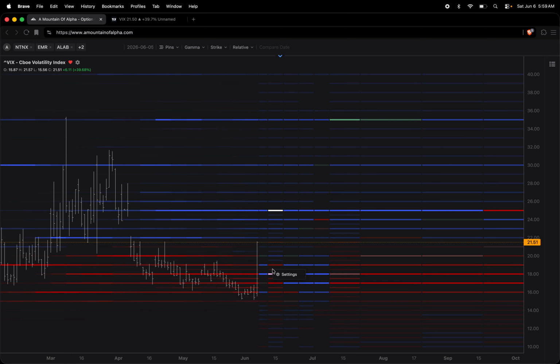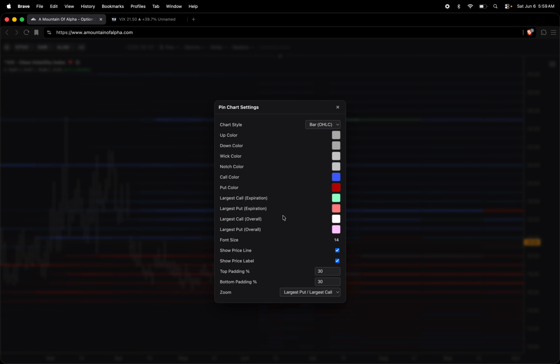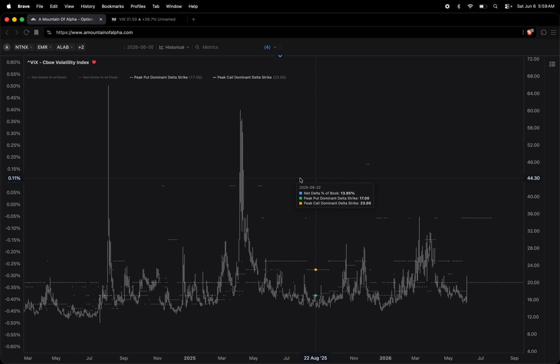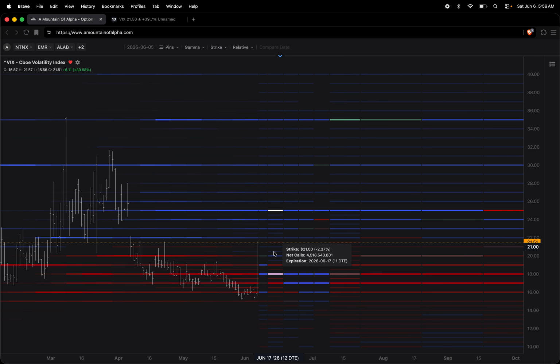They're actually nets. So I think this metric here, like largest call, is actually kind of wrong. It's actually the largest net. As a side note, in the historical, the metric is actually called peak call dominant and peak put dominant. That's what it's actually called. So I just want to let you know that those are the same thing. These two are the same thing.